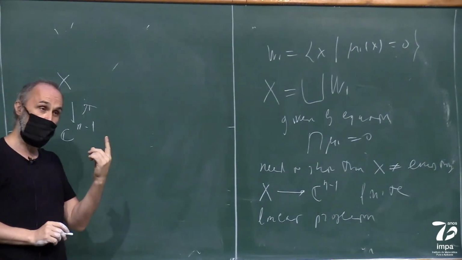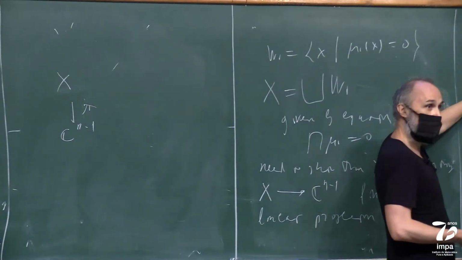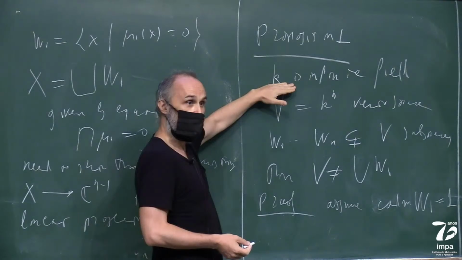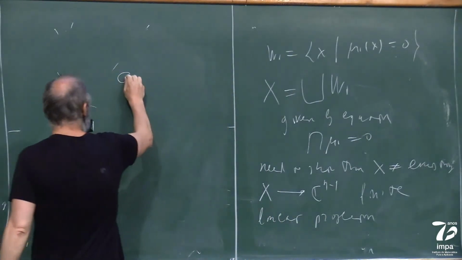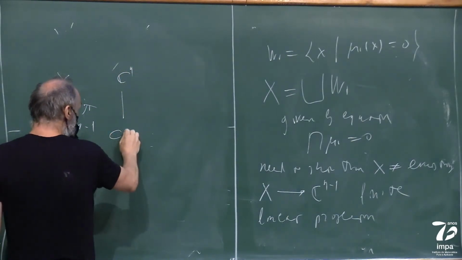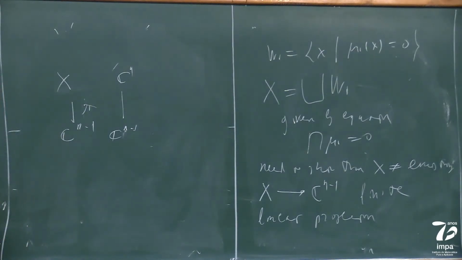But the preimage of a point is a line, and the line is in one-to-one correspondence with K, and K is infinite. Why is the preimage of a point a line? Because it's a linear projection from C^n to C^(n-1).